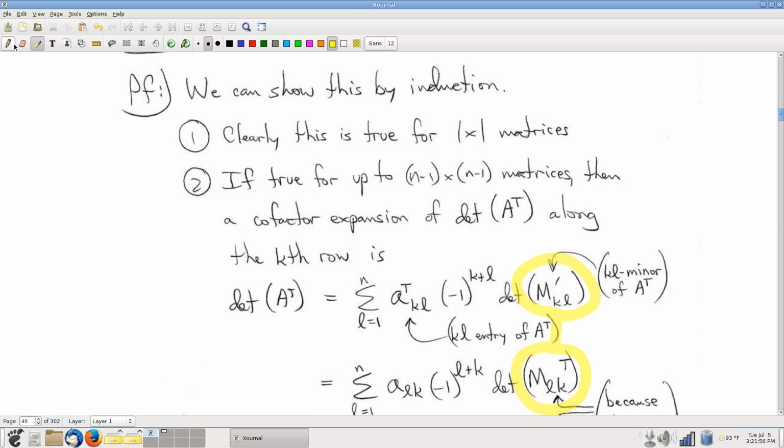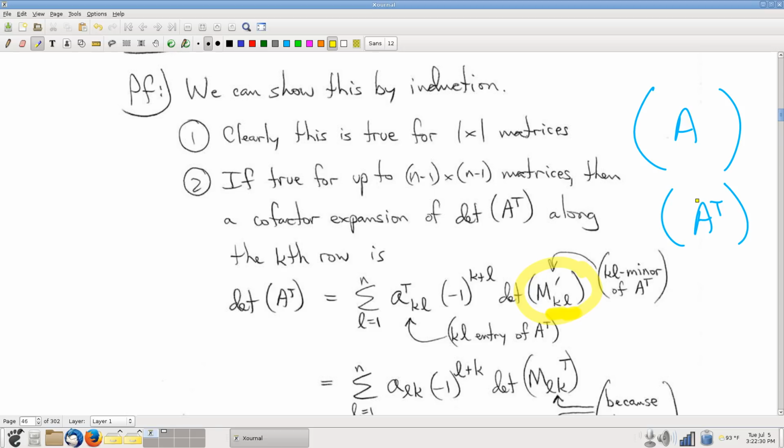Keep in mind what we've got. We started with some matrix A, right? And let's look one side at a time. Let's start by looking at this. This says I want to transpose it and look at A transpose, and then cross out the kth row and the lth column of the transpose.